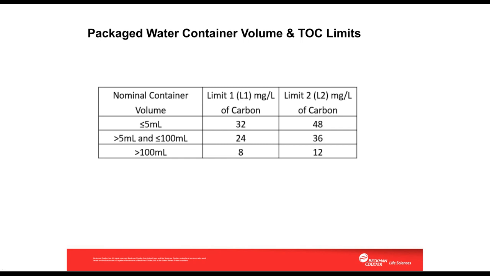As long as it's below that, then a pass is a pass. If it's higher than L1 but lower than L2, that's when you have to analyze to determine what organics are present and in what quantities, and are they harmful for patients. If not, you pass. Great. If, however, the test comes with a result higher than L2 in the first place, then it fails.